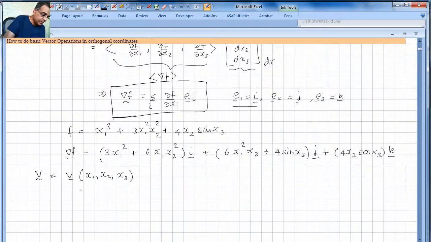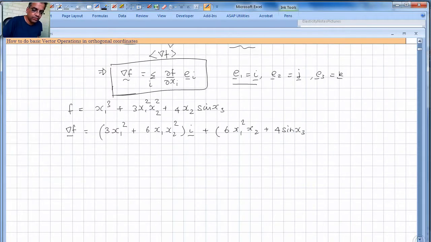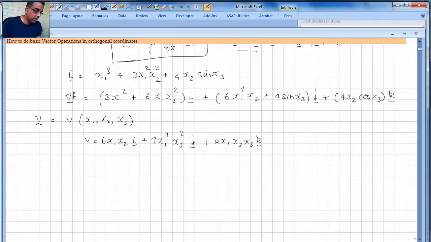And in our particular case, let us say v equals 6x1 x2 i plus 7x1 squared x3 squared j plus 8x1 x2 x3 k. This is some made up stuff, so don't worry about what this means. It's just some field. So first up, we want to be able to do divergence. Divergence of V. Remember what divergence was?